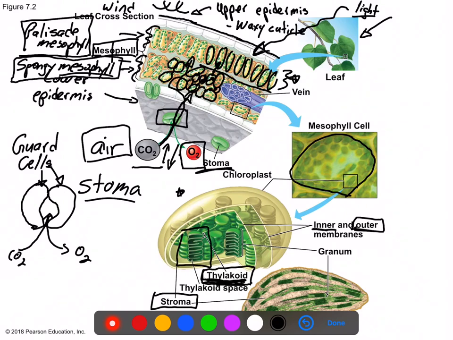The liquid in the chloroplast that bathes all of this thylakoid membrane, all of that green membrane, is completely surrounded by a liquid called the stroma. So I want you to know both of these compartments, the thylakoid and the stroma, because we're going to break up our photosynthesis into two steps. The first step will take place in the thylakoid membrane. The second step will take place in the stroma.